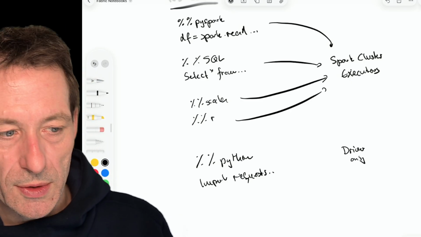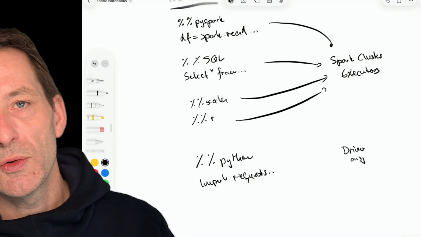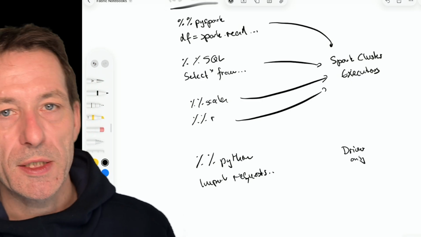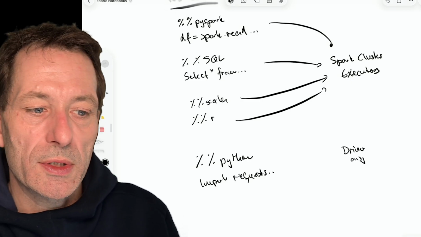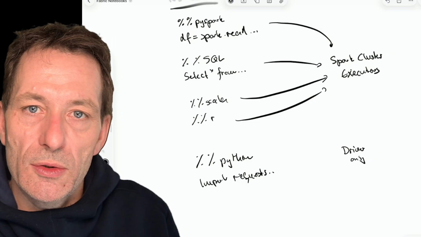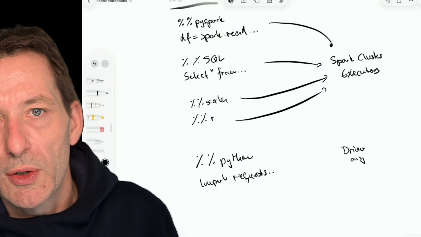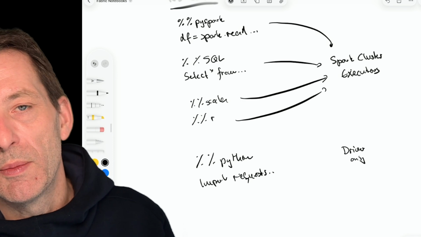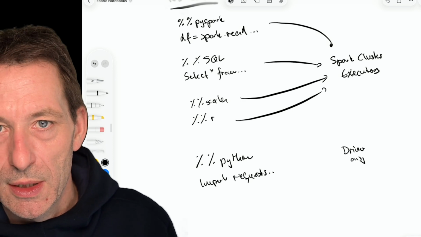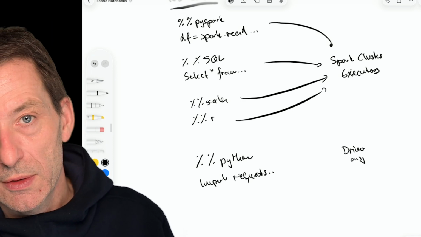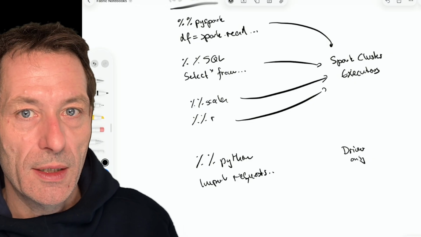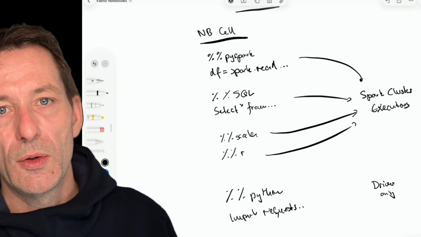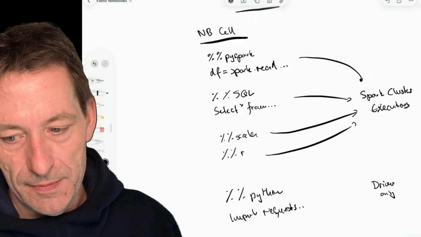Python cells don't scale, but you can use them for control flow, for APIs, for small data. PySpark distributes the work. But of course, if you just need a REST call, if you just need to deal with 10 megabytes of data, then you don't need the overhead of parallelization there. That's the point. So both is fine. You just need to be aware of the consequences of your selection.